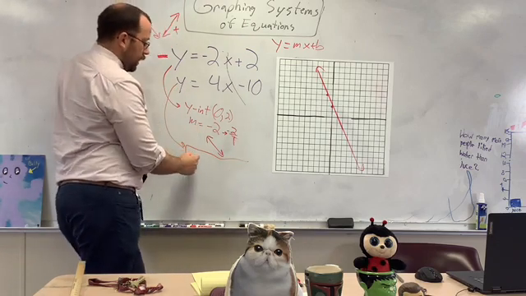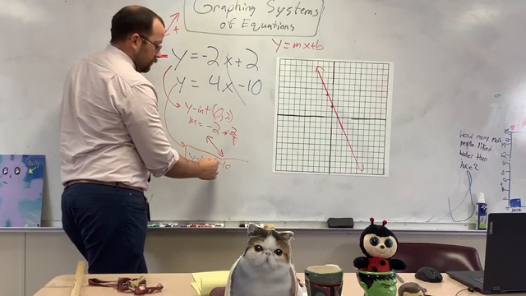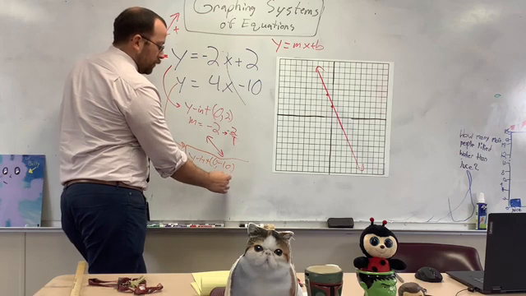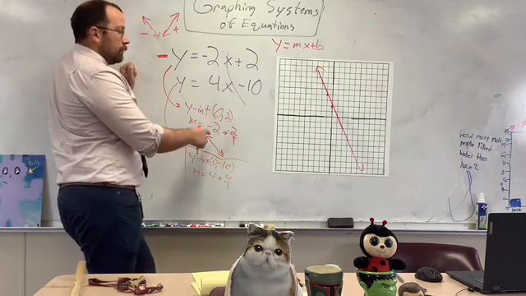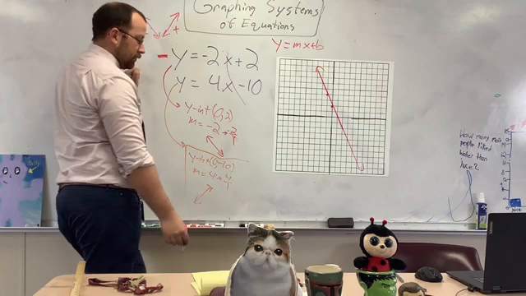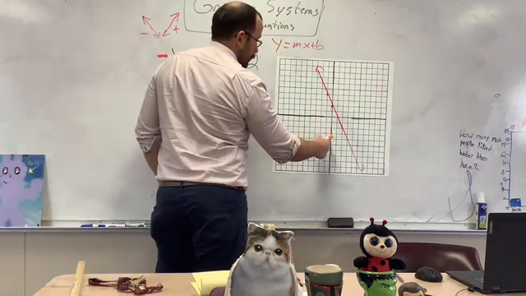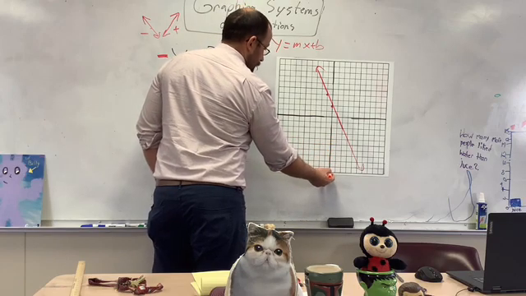So my y-intercept is at negative 10. My slope is 4, which is the same thing as 4 over 1. And how's my line going to look, positive or negative? My slope is positive, so my line is going to be positive. So I graph my first point right there.